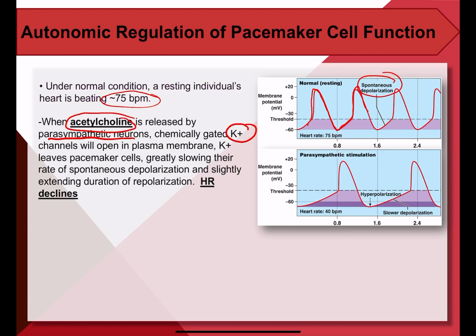With hyperpolarization, you're climbing a steeper curve before you get to threshold, which is why when acetylcholine is released and opening potassium channels, it slows down those spontaneous depolarizations from the pacemaker potential. Your heart rate, in a sense, will decline because your repolarization duration has been extended.